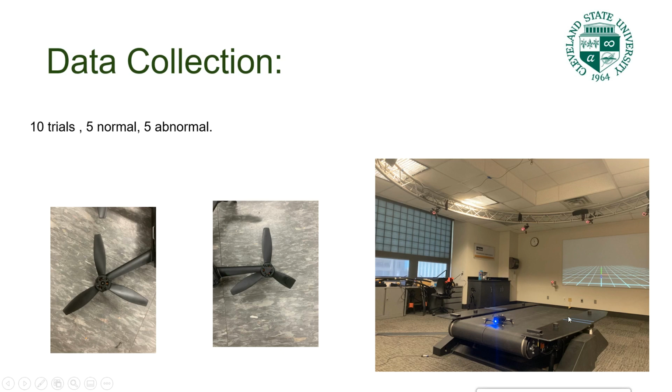For example, we give the path to the drone to hover and move forward and then land on the ground, and then with this camera we can detect the position and also velocity of the drone. And we did 10 trials with normal status and also abnormal status.